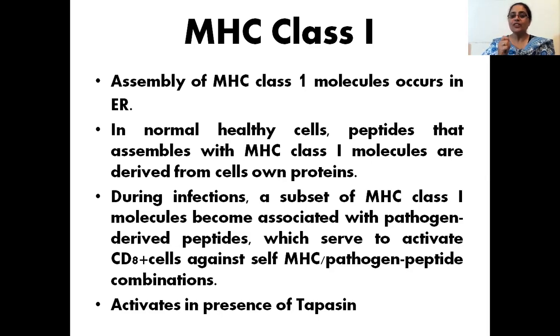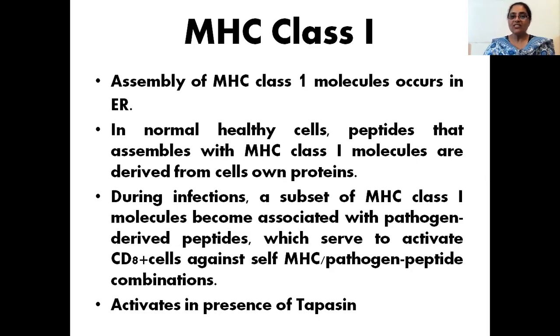So in case of MHC class 1, they show all the normal peptides present in a normal cell and just flag them out, while the roaming T cells do not get activated, and T cell receptors do not fit in that groove of MHC class 1 when normal things are going around.